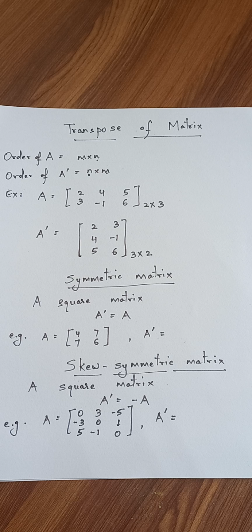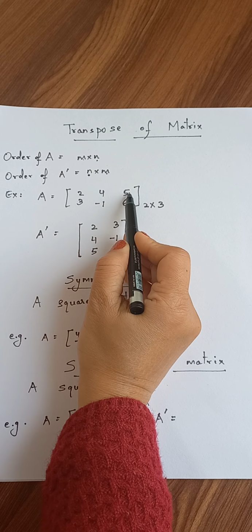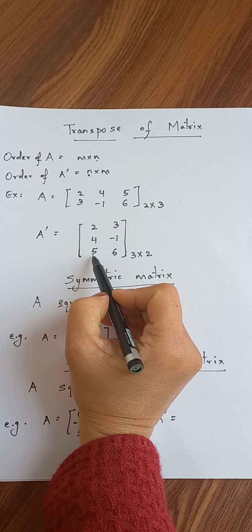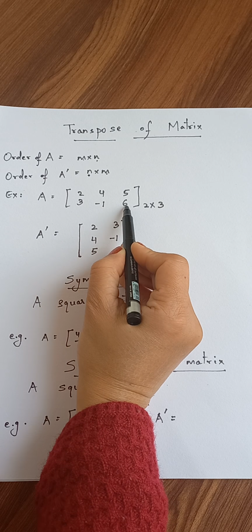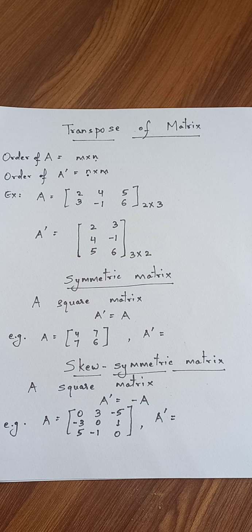You must remember that if A is some matrix of order M cross N, then the order of the transpose A dash will be N cross M. That means this row will get converted to a column and this row will get converted to another column. I think it's very easy for you to understand the transpose of a matrix.